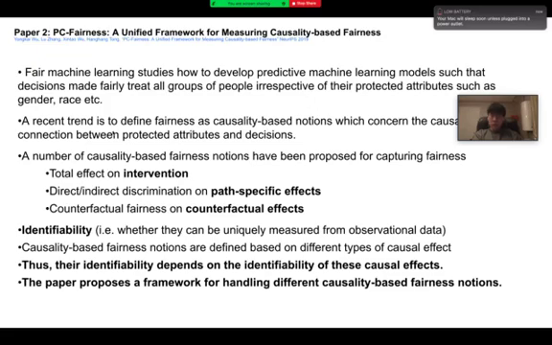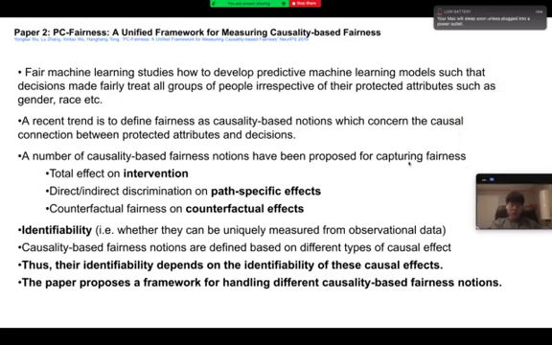A recent trend is to define fairness as causality-based notions, which concern the causal connections between protected attributes and decisions. A number of causality-based fairness notions have been proposed for capturing fairness, such as total effect on interventions, direct-indirect discrimination on path-specific effects, counterfactual fairness on counterfactual effects.